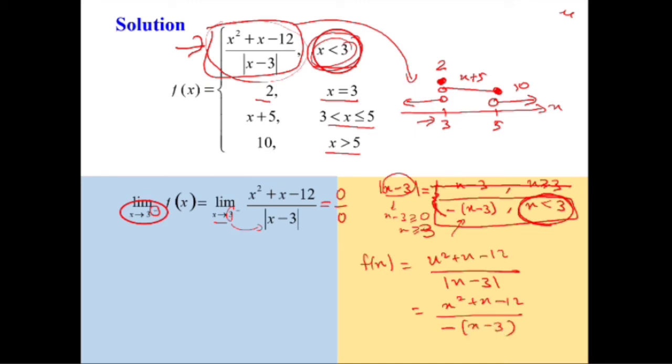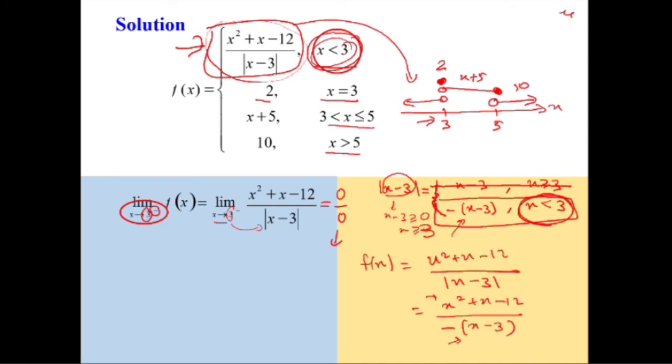But remember, after we have separated this absolute into a piecewise function, the next thing that we have to do whenever we get a limit of 0 over 0 is cancel off at least one linear factor. But we have not cancelled it off for now. So when you try to substitute your value of 3 into the function f right now, you will still get 0 over 0 because you still have not cancelled off the linear factor.